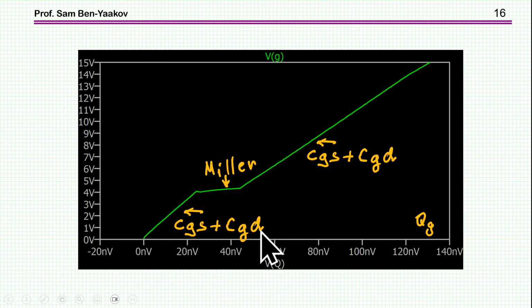These are non-linear capacitance, but you see that it's approximately linear curve. And then we have the middle plateau. This is during the transition. And then we have again these two capacitances, which we are charging by the excitation through the resistor.